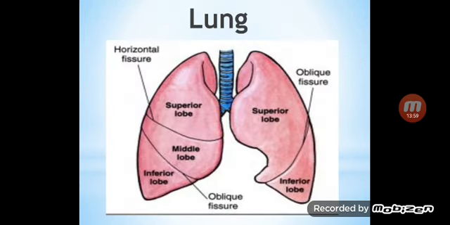The lungs. Normally they are soft, spongy, and very elastic. This is during life, this is normal during life, not in the cadaver.